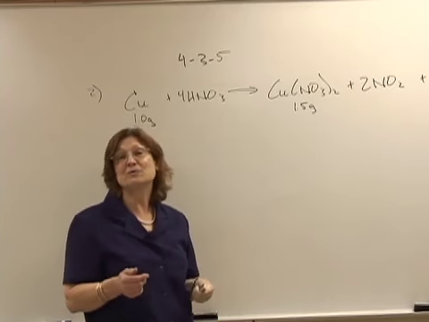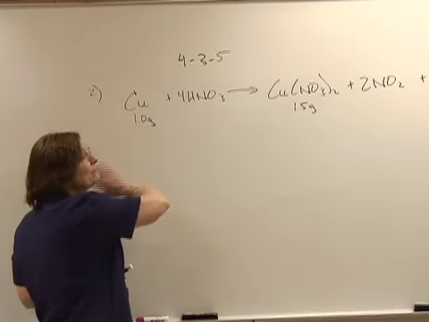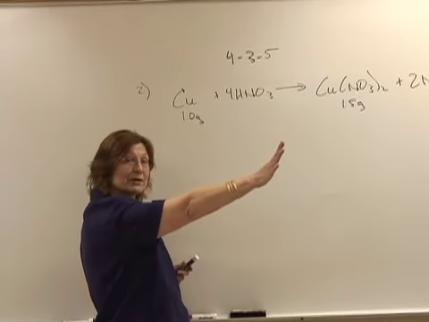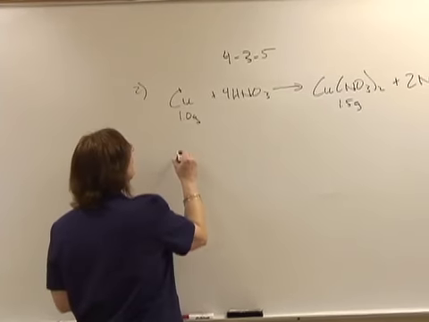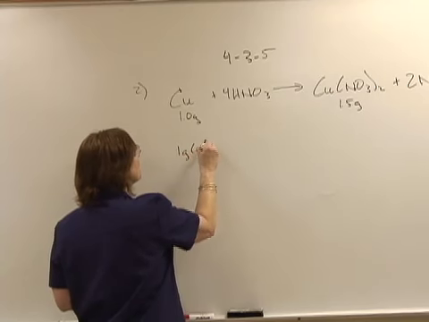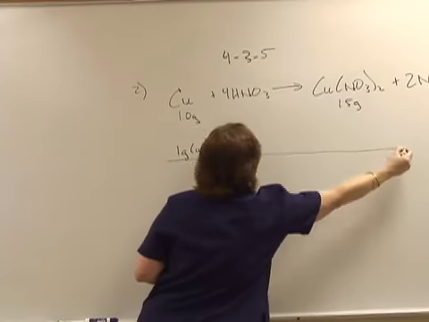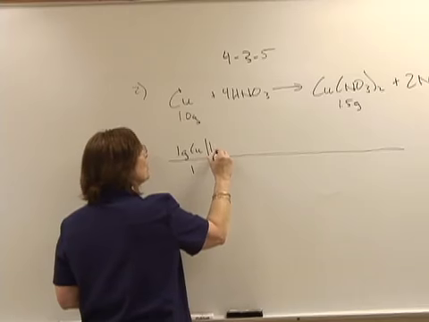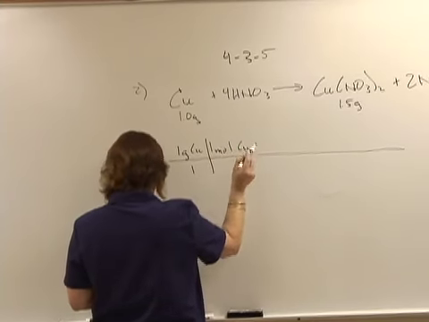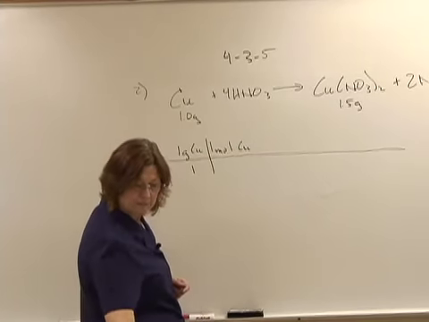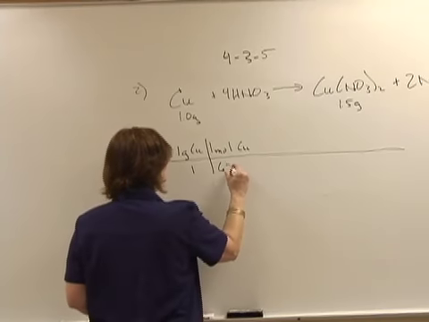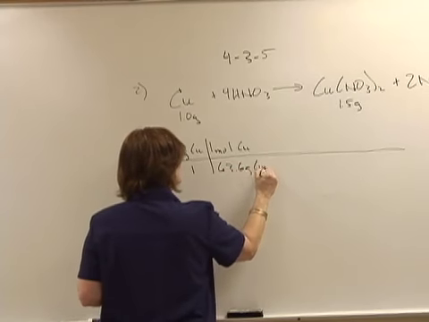This is a stoichiometry mass problem. And therefore, we use the first equation that we were given in the lab. And then we change our 1 gram of copper to moles. And 1 mole of copper has a mass of 63.6 grams of copper.